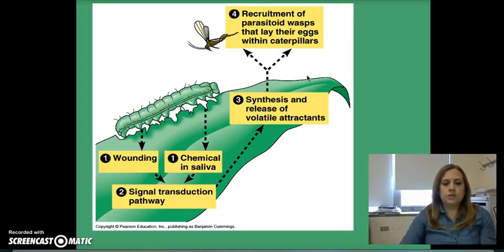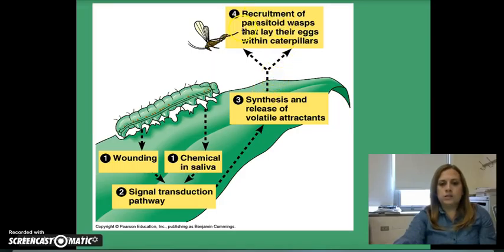So what we have here, we're looking at a leaf. This leaf is being wounded. See, we've got a caterpillar eating it. The first thing that happens is the plant is being wounded, and you have a chemical in the saliva of the caterpillar, and both of those things are going to signal a transduction pathway. That pathway is going to cause the synthesis and release of volatile attractants.